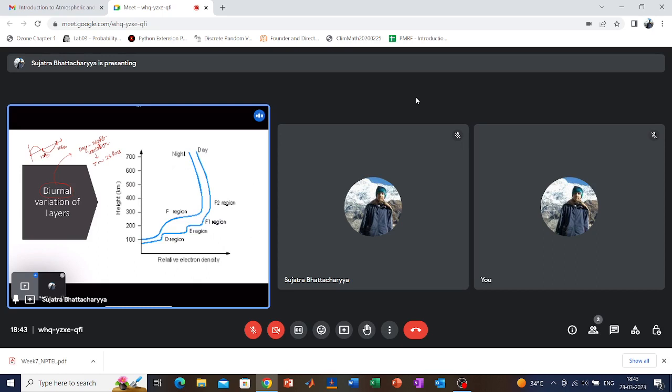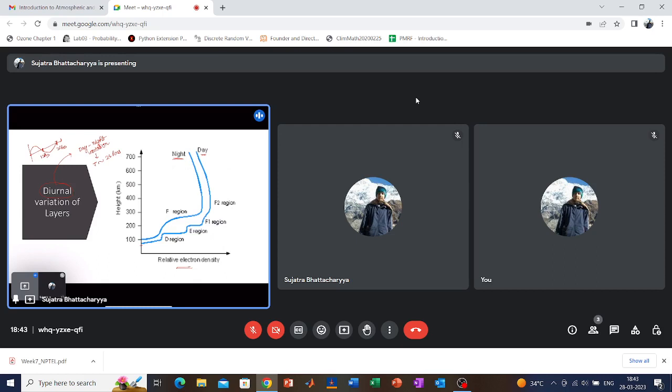So what is happening? We can see there are two curves, although shown in blue, but they have written here that this is the daytime curve and this is the nighttime curve. And this is the relative electron density, which is nothing but the relative percentage of how many electrons are present. This is the height, starting from somewhat 60 kilometers or so, and we know that 60 to 100 kilometers is about the D region.